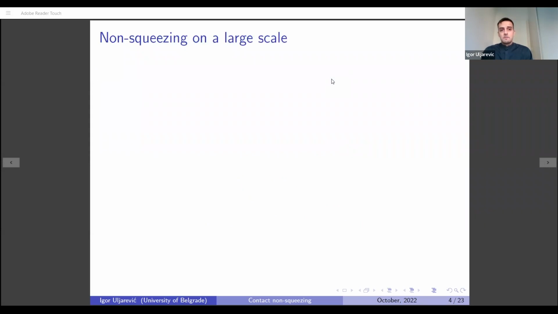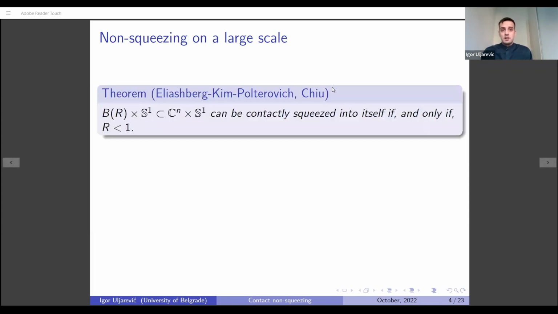Quite surprisingly, there are some cases where there exists non-trivial contact non-squeezing on a large scale. This was first observed by Eliashberg, Kim, and Polterovich.